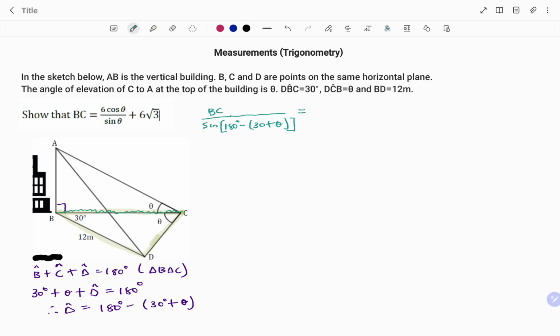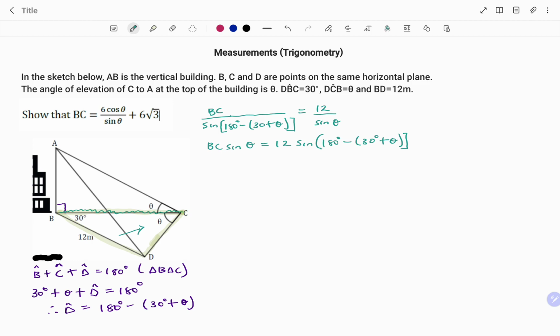That is equal to the side BD, which is 12, over the sine of the angle facing BD, which is theta. So we have that as sine theta. If we cross multiply, we have BC sine theta equals 12 times sine (180 degrees minus (30 degrees plus theta)).